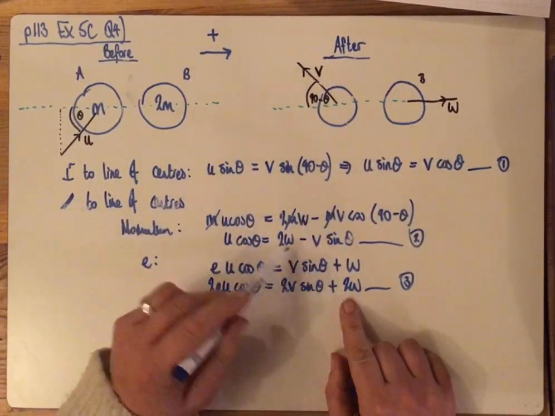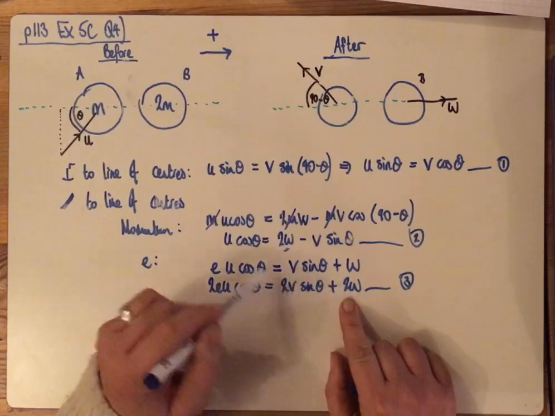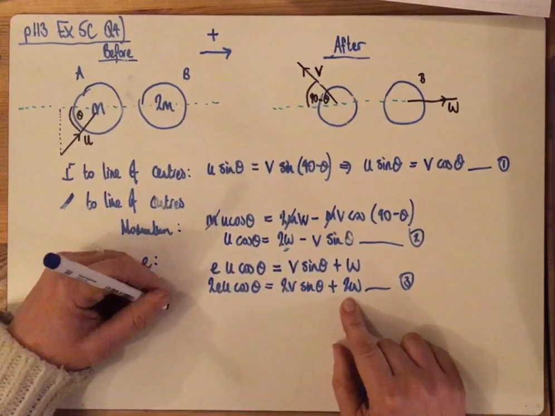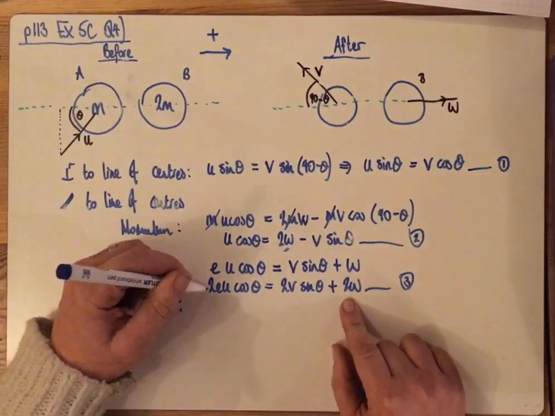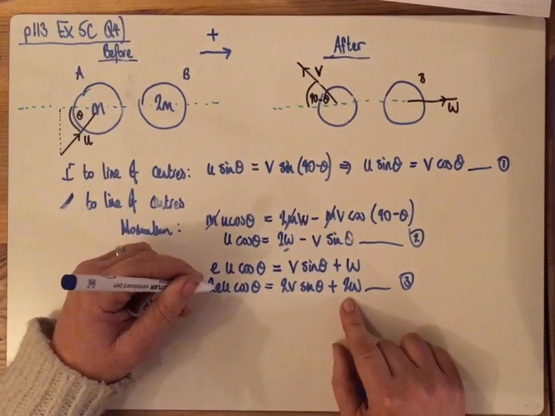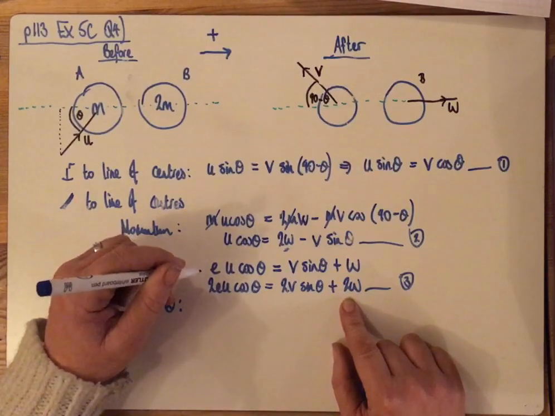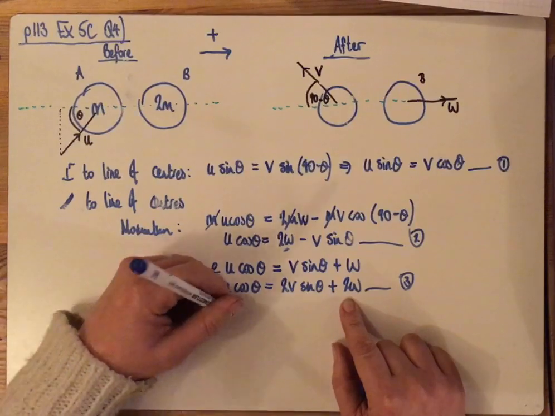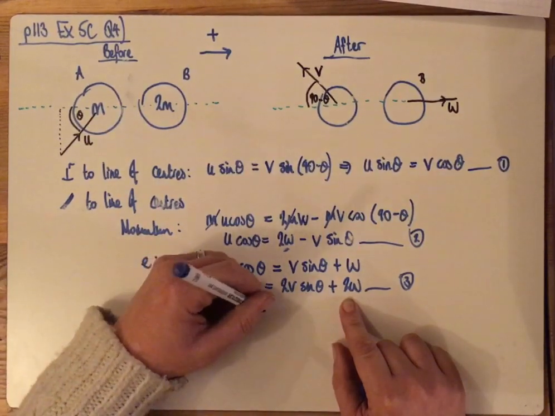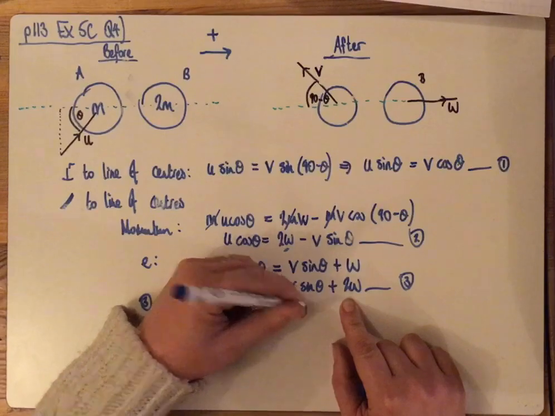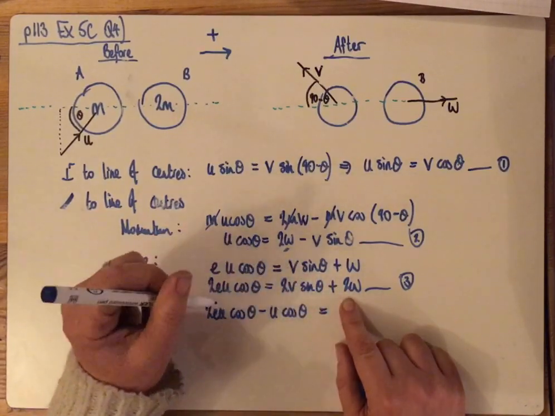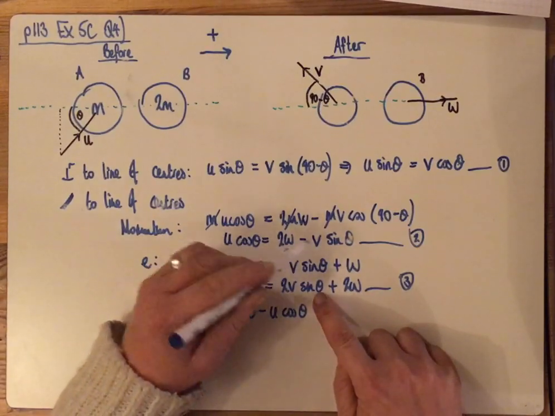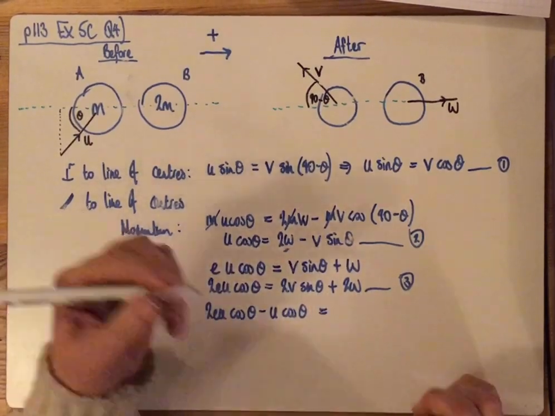And then I can just do 3 minus 2. So I'm doing 2Eu cos theta minus u cos theta, and that's going to equal, so these are going to cancel off, 2v sine theta minus v minus v sine theta.